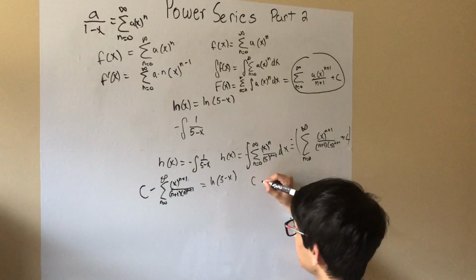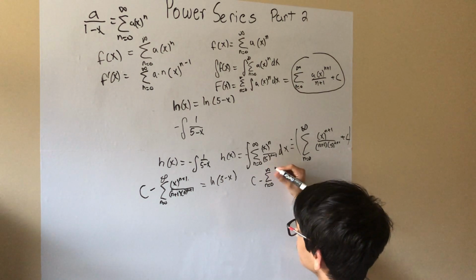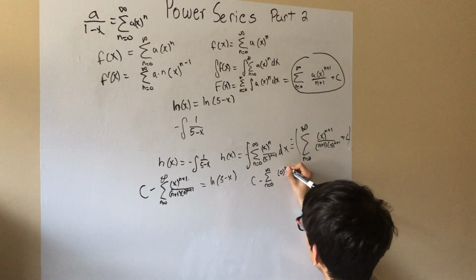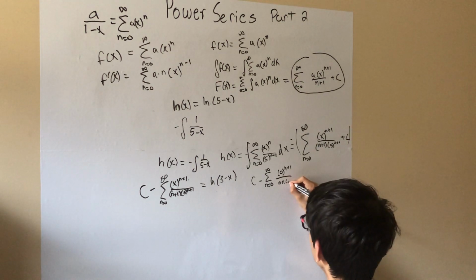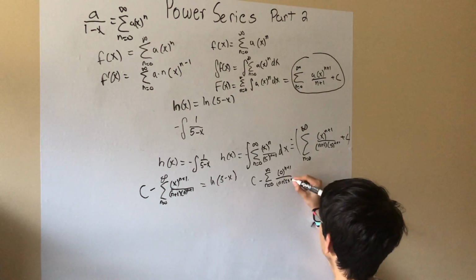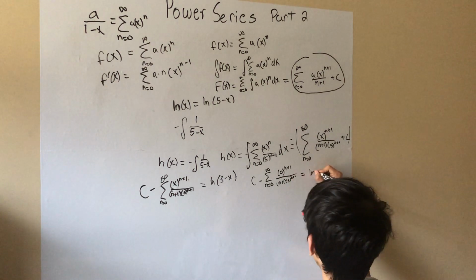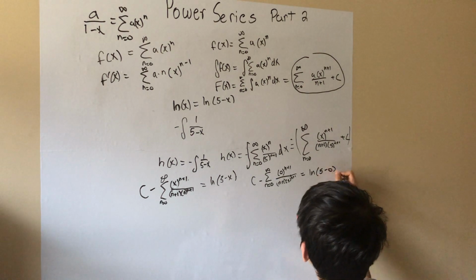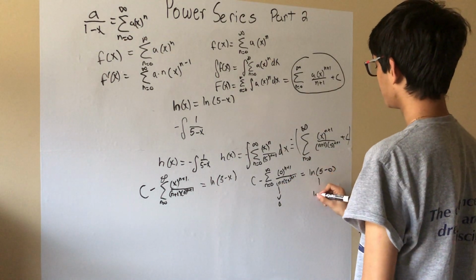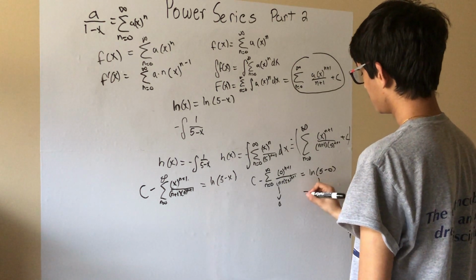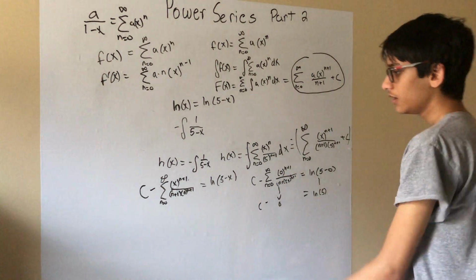So now you get c minus the sum from n equals 0 to infinity, 0 to the n plus 1 over 1 times 5 to the n plus 1 equals ln of 5 minus 0, right? So this value equals 0, this value equals ln of 5, and now you get c minus 0 equals ln of 5.